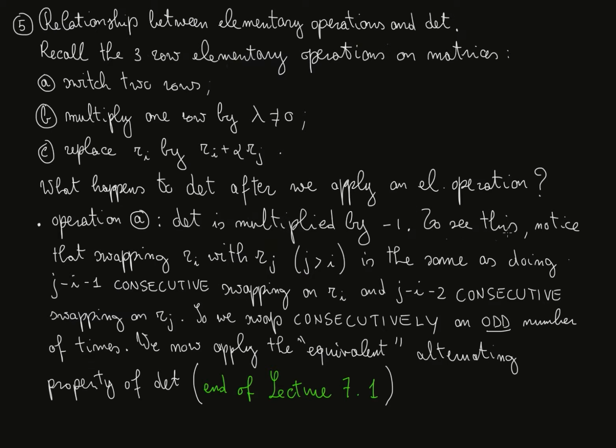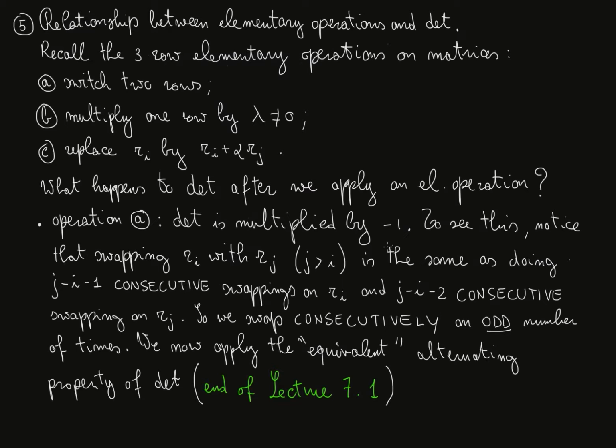To see this, notice that swapping Ri with Rj, let's assume that now j is greater than i, is the same as doing j minus i minus 1 consecutive swappings on Ri.